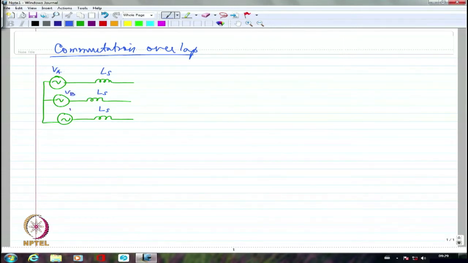Now this is connected to the fully controlled converter. So I am showing as though there are three sets of devices. It could be diode, even then you will see commutation overlap, but I am just taking thyristors. That's it.